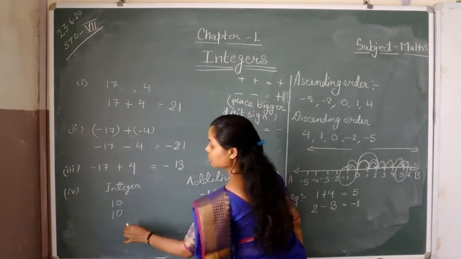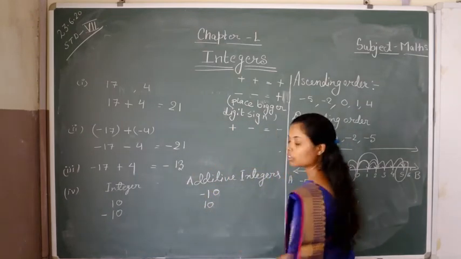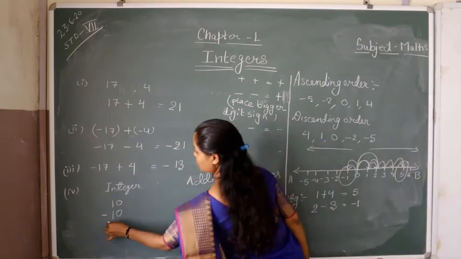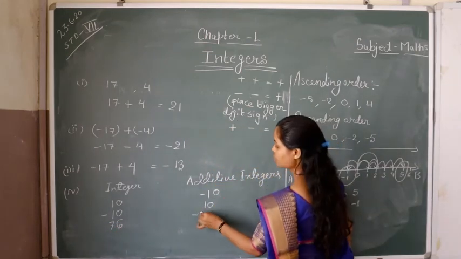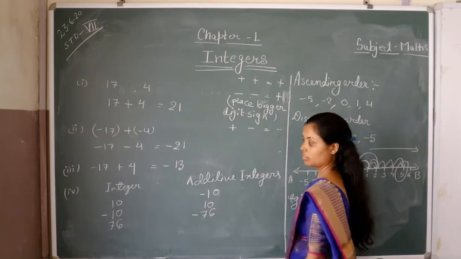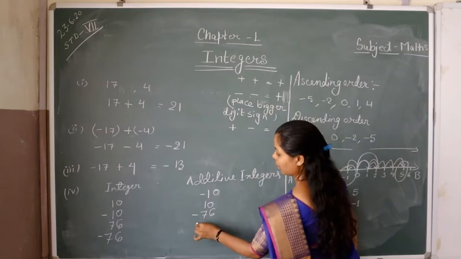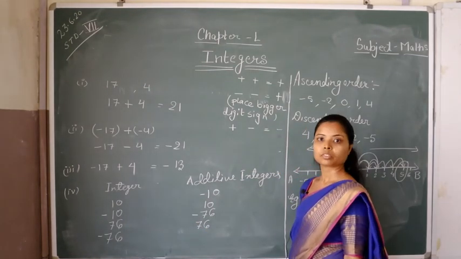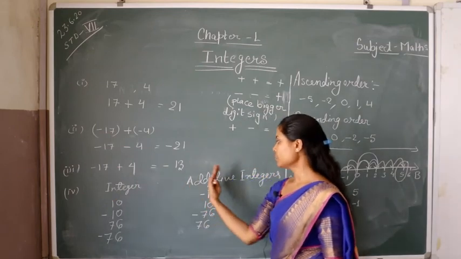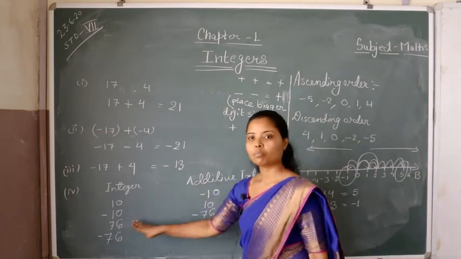Suppose we have minus 10, so its additive integer is positive 10. Suppose we have 76. Its additive integer is minus 76. If we have minus 76, its additive integer is 76 only. So in additive integers, positive becomes negative and negative becomes positive.